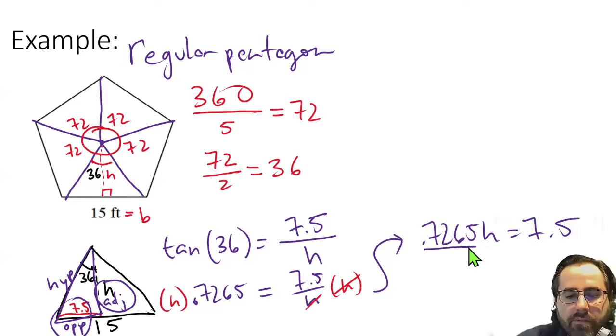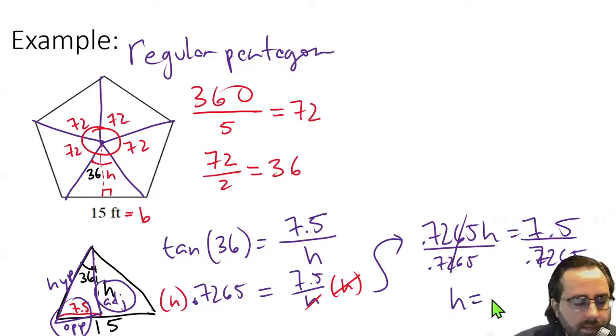And then you would divide by 0.7265 on both sides. And you're going to get that the height of the triangle is 10.323.